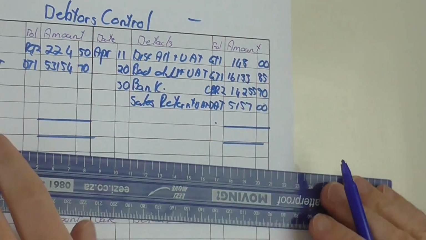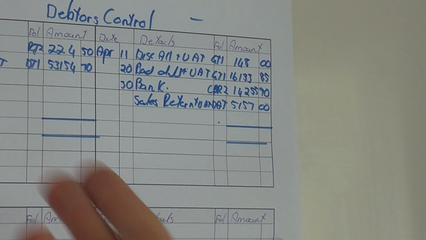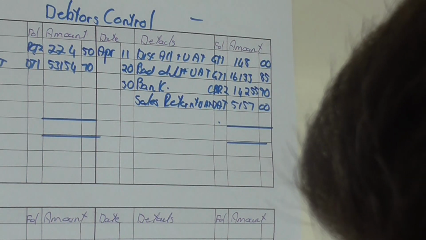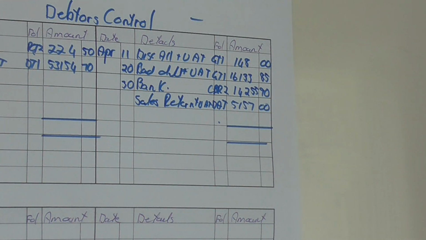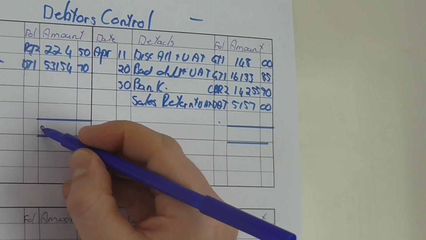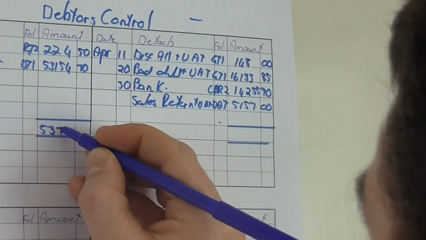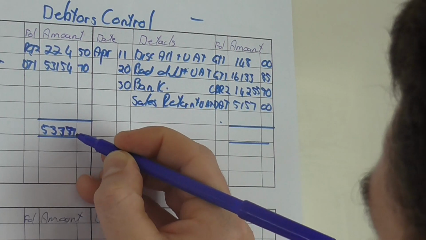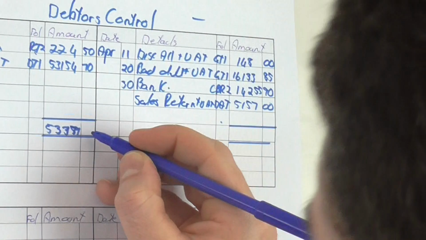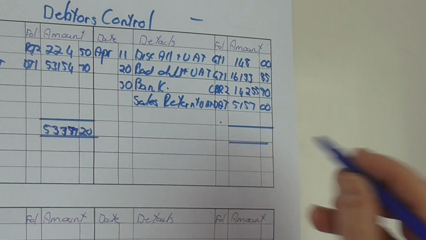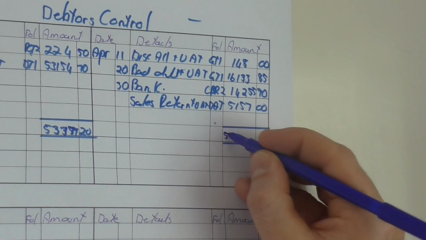Okay, so the debtors side has got the highest amount, so that is 53379.2. So that amount just gets transferred to this side.